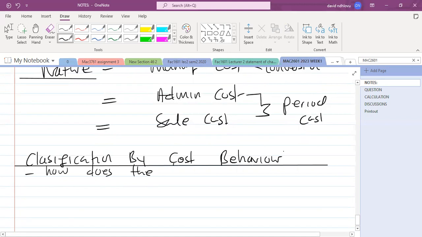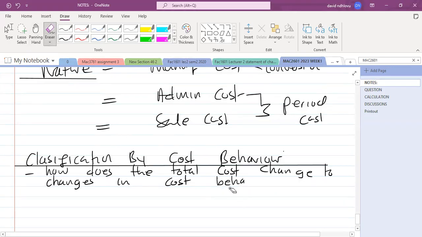How does the total cost change to changes in output? When we talk about output here, we are saying units produced. If we vary the number of units produced, what is going to happen to the total cost?